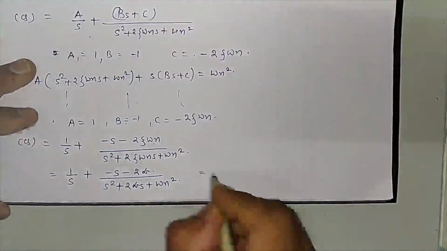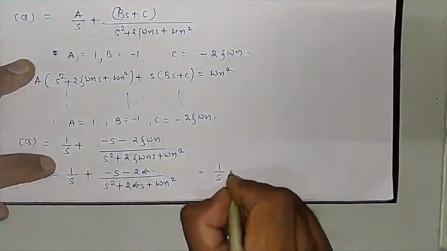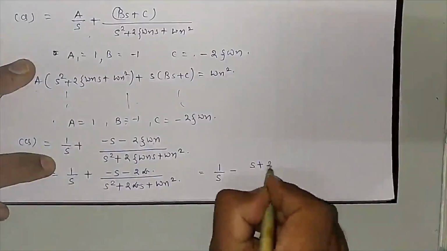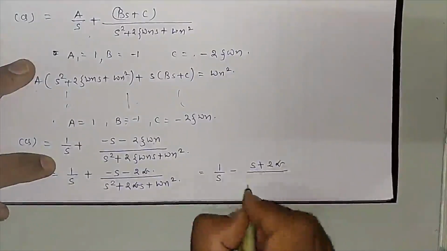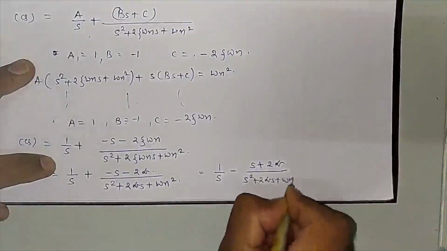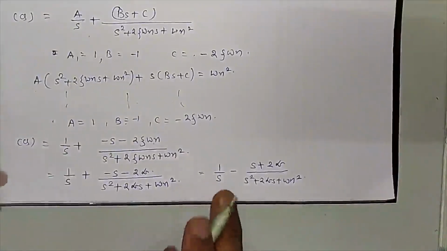Can I write like this? Taking minus quantity over here, 1 upon s minus s plus 2 alpha divided by s square plus 2 alpha s plus omega n square. C of s, we have got this.